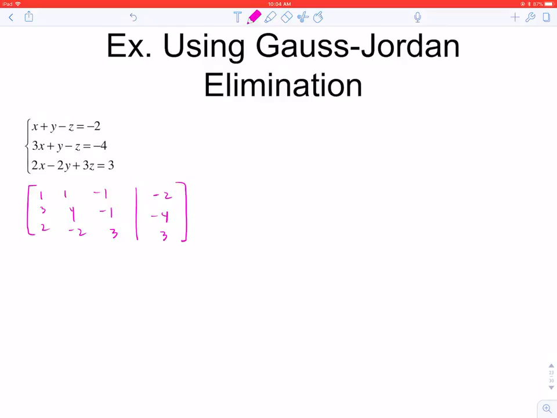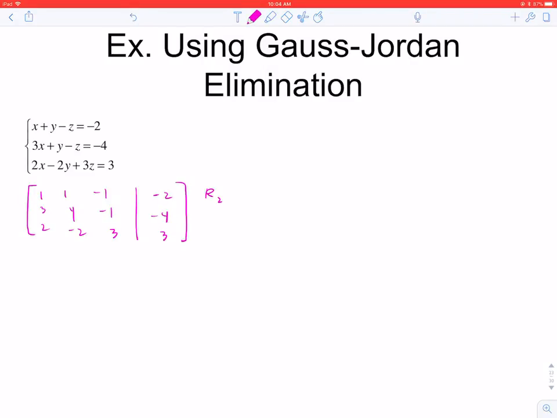My first goal is to get this augmented matrix into row echelon form. We already have a 1 in the row 1, column 1 position. So let's use row 1 to make the 3 into a 0 and the 2 into a 0.